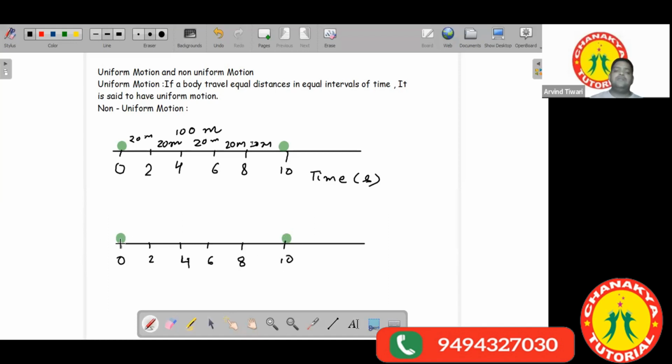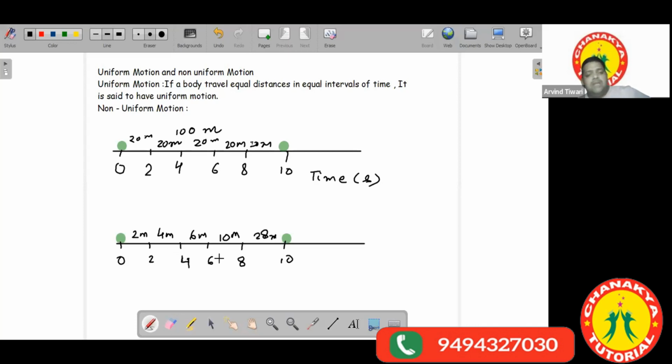Suppose in the first 2 seconds, the object travels only 2 meters. In the next 2 seconds, it travels 4 meters. In the next 2 seconds, 6 meters. In the next 2 seconds, 10 meters. In the next 2 seconds, it travels the remaining distance, 28 meters.